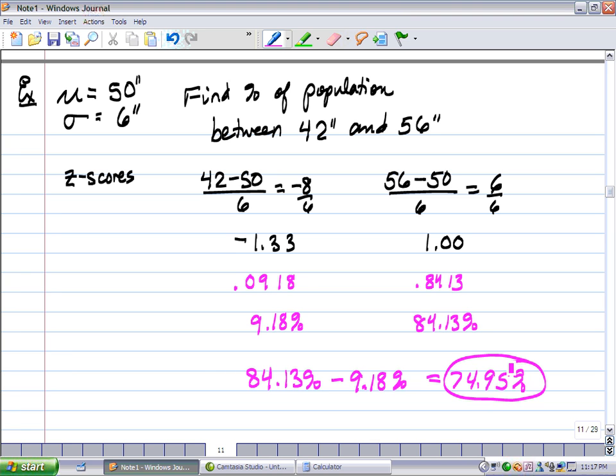So the less than, you look up from the chart, the greater than is 100% minus the percent of the less than. And if you want between two numbers, you look up their percents and then subtract. Remember, the percents will always be positive. The z-scores could be negative.